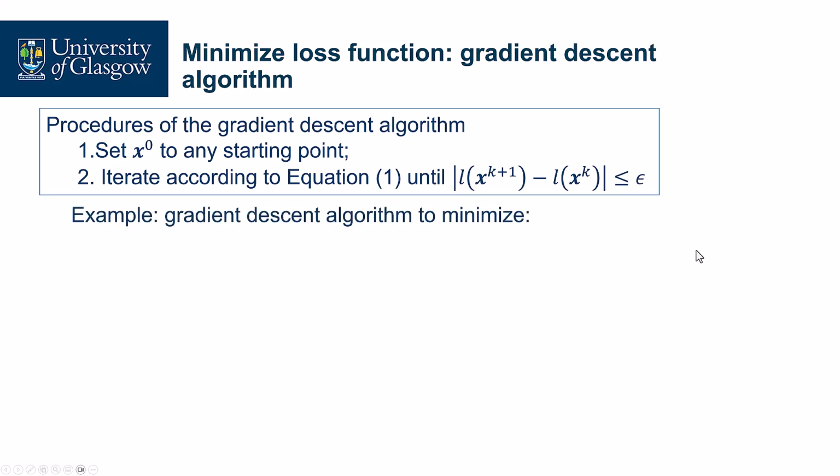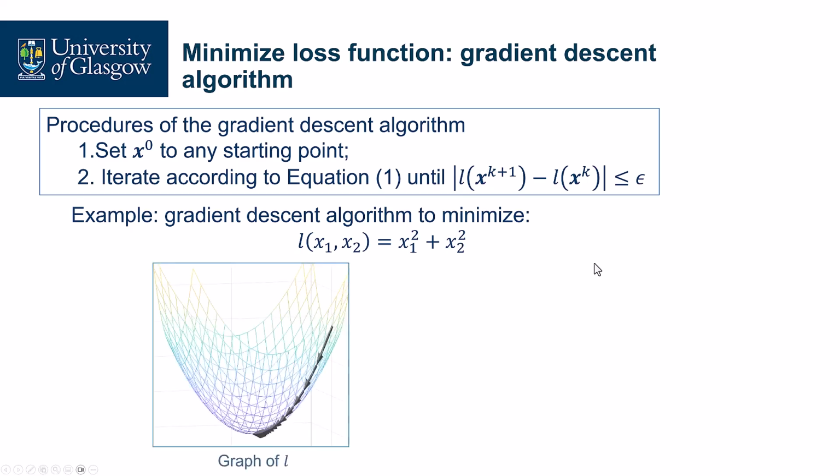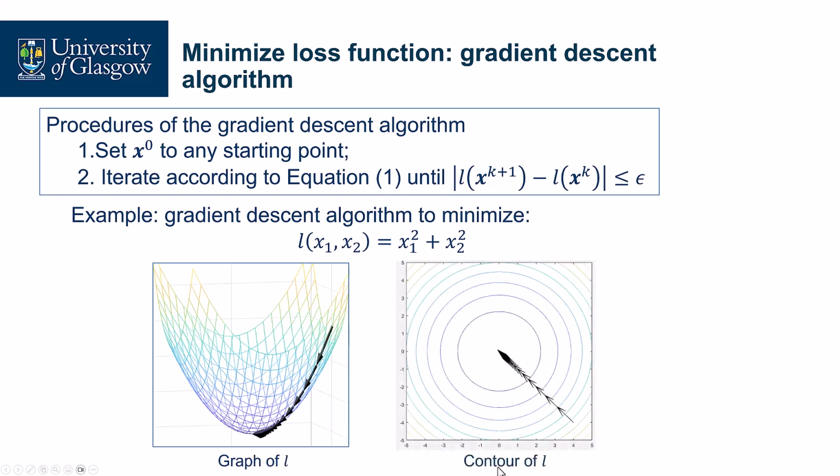For example, we can use the gradient descent algorithm to optimize this function L of x1, x2. We randomly start here, and the gradient provides the direction. This is the step size. Step by step, I arrive at the optimal point here. This can also be seen from the contour of L, right? So this is the gradient descent algorithm.